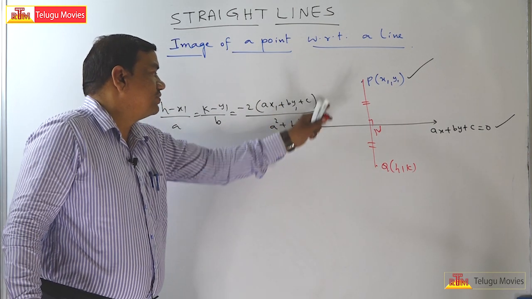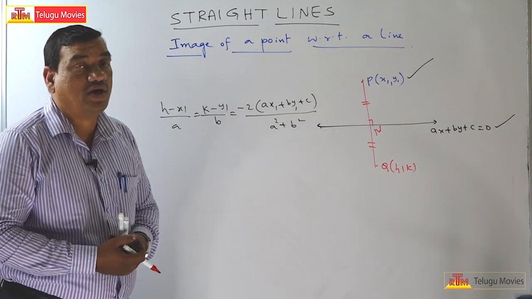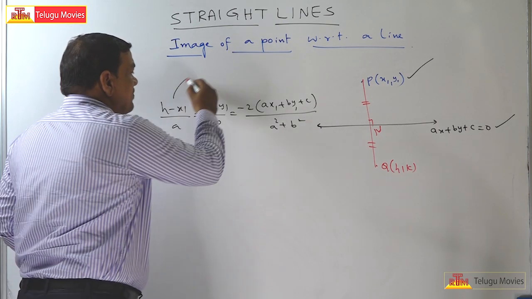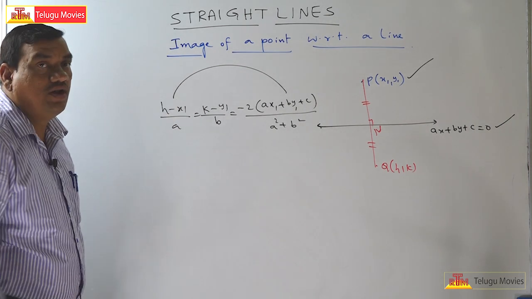This whole term is a constant. If you compare the first one and the last one, x1 and a are known values, so you can find h.